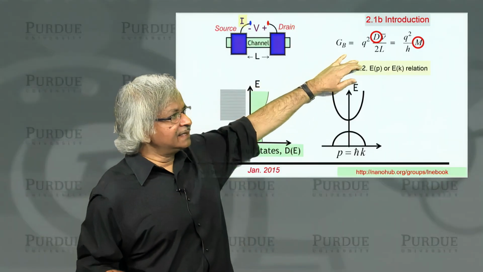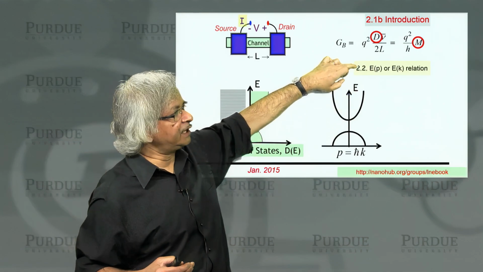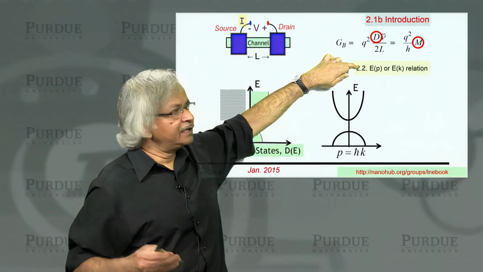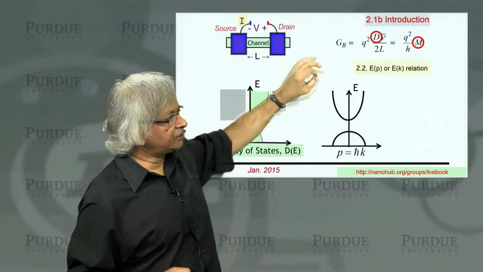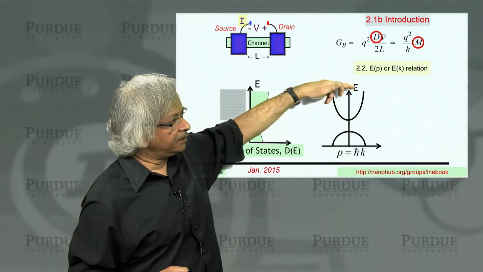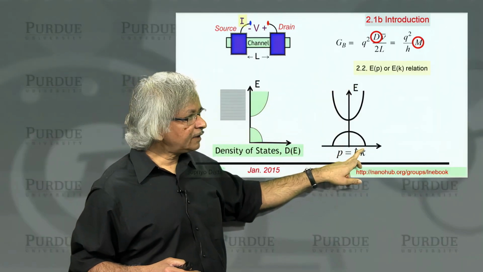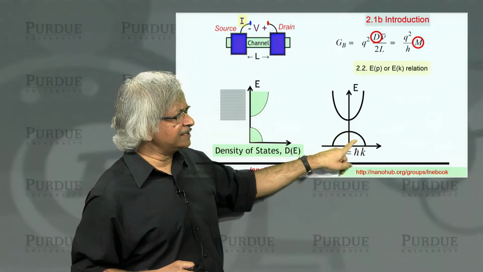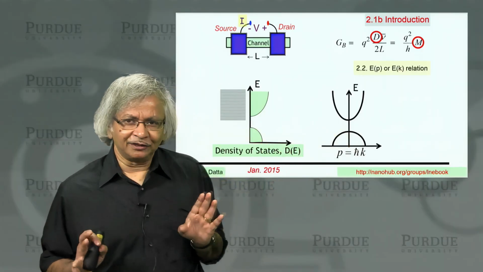But the point is that our starting point for this discussion, and that's what we'll take up in the next lecture, is what's called an energy-momentum relation. That is, the energy of electrons in a solid can be plotted as a function of their momentum. And note that this curve might look a little bit like that, but it's really two totally different curves.